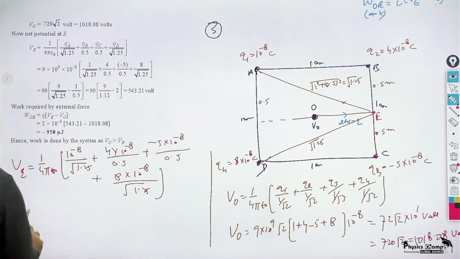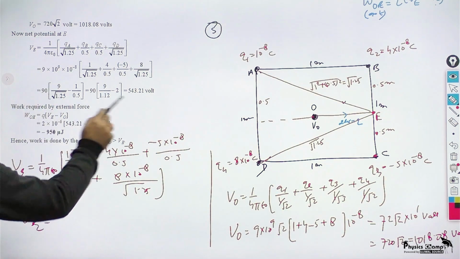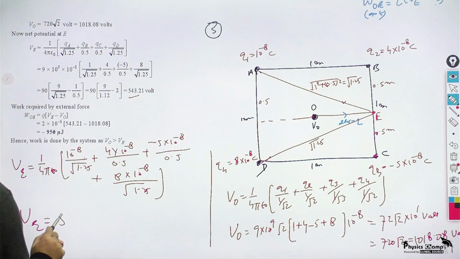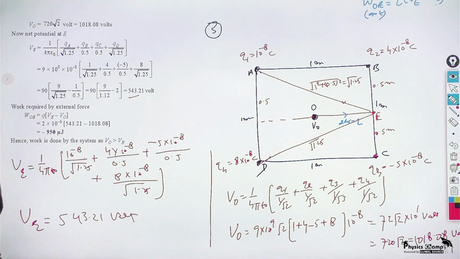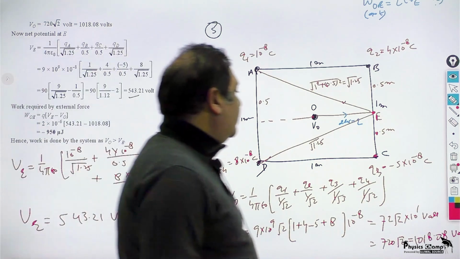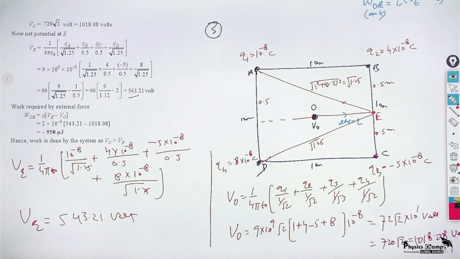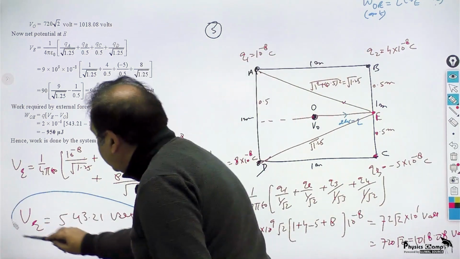As a whole we get potential at E as 543.21 volt. So we have obtained potential at E, which is 543.21 volt.